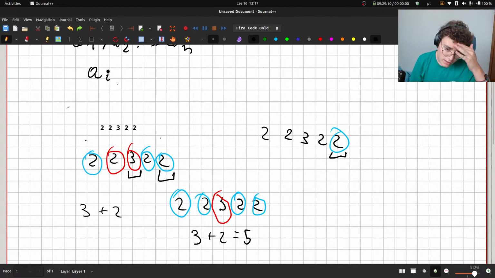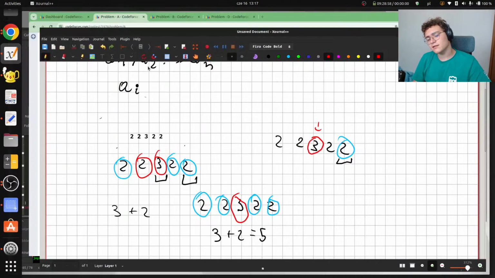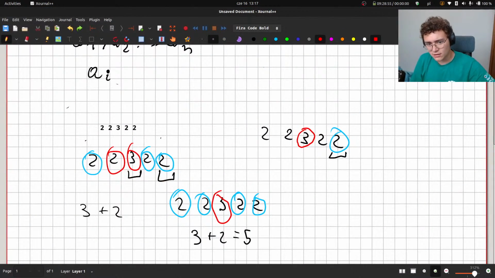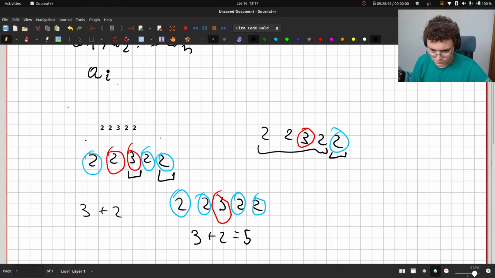So now let's say that the last element will be in the blue group. Now we want to notice that it will be optimal to make the red group contain only the maximum element of the whole array, or of this part of the array, right?